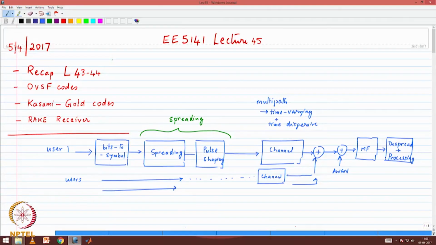The processing would include interference suppression, because I need to be able to handle all of the interfering signals. I would also need to worry about time dispersion compensation, because only then can I apply the decision device. Once I have done all of that, comes the stage where I do a decision and then take out the bits.